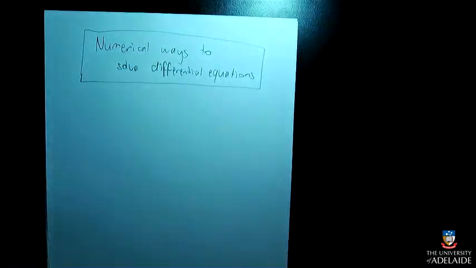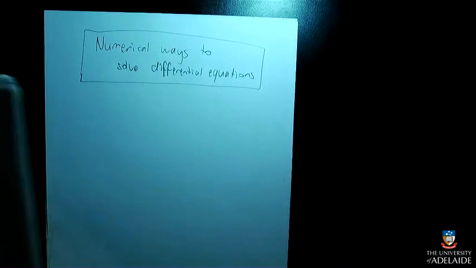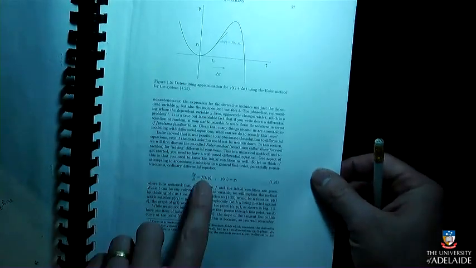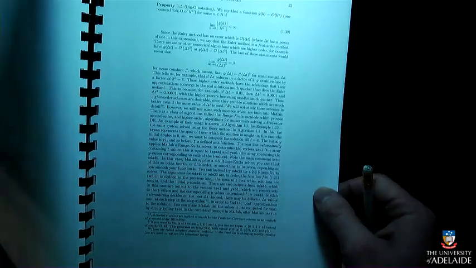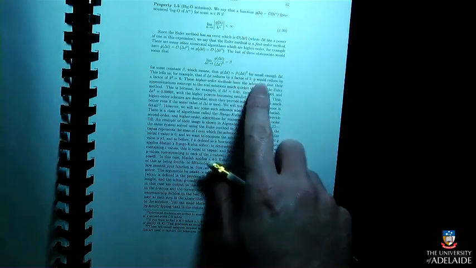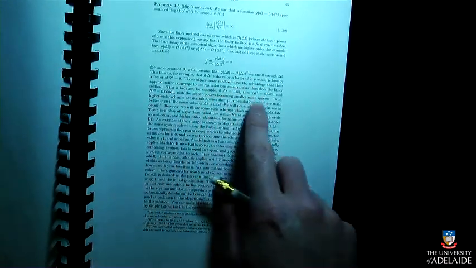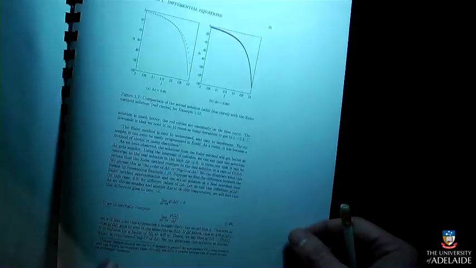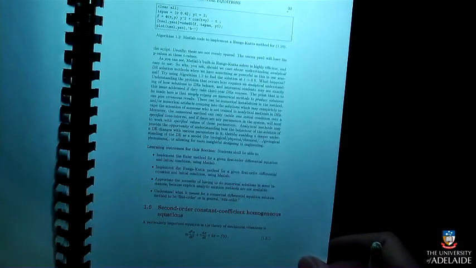Right, they are both methods of solving differential equations. Let's have a look at the notes. So this note says that we have to have something of the format 1.25, something like this, for Euler's method. And the Runge-Kutta method looks like it's for exactly the same kind of equation.